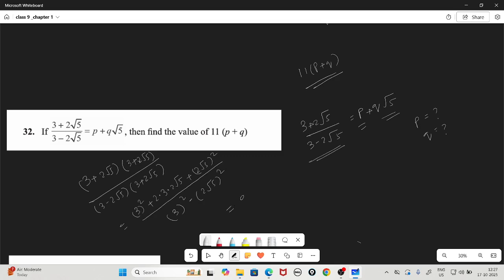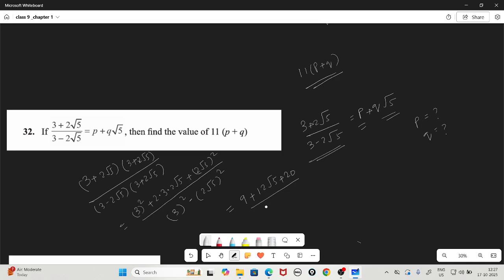Equal to what? In the numerator we get 9 plus 3 multiplied by 2 is 6, multiplied by 2 is 12, so 12 root 5, and 2 square is 4 and root 5 square is 5, so 5 into 4 is 20.